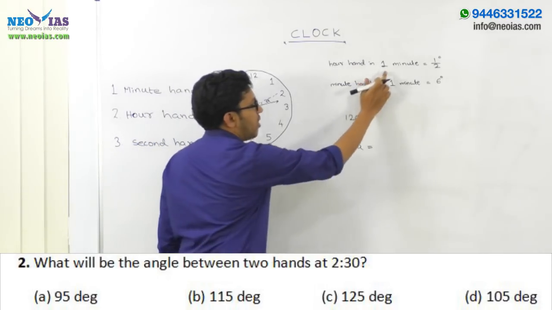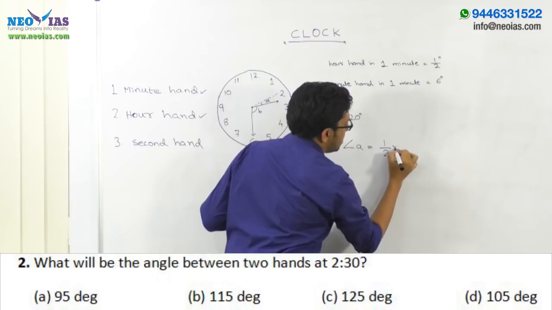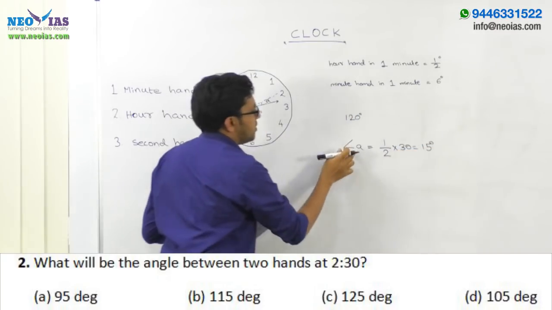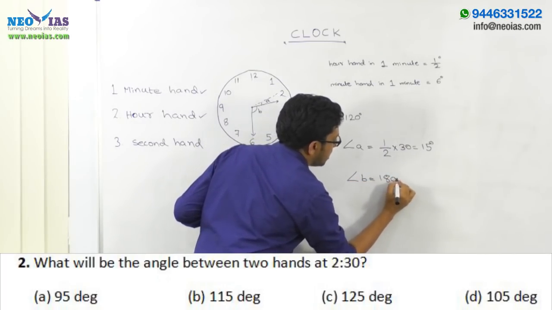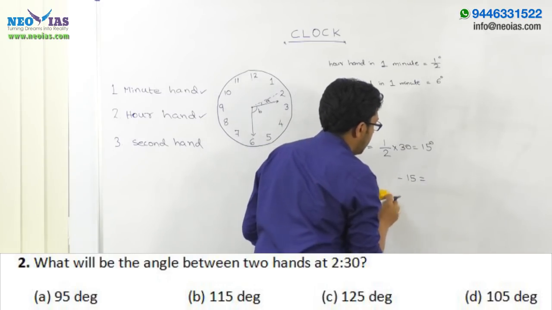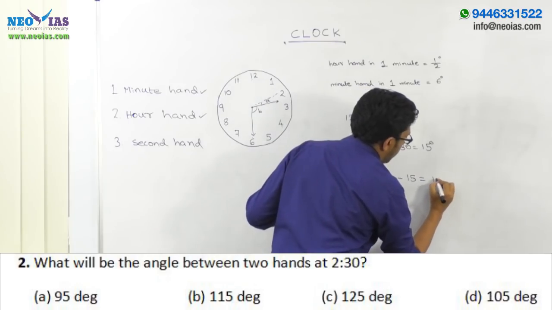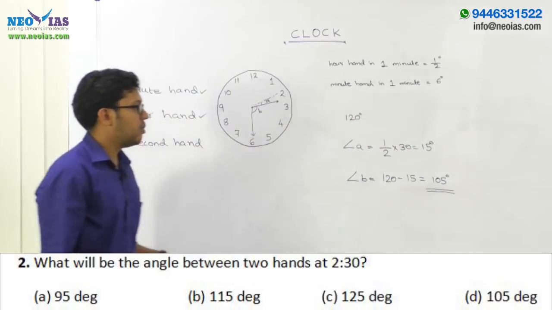Angle swept by the hour hand in 1 minute is half degree, then in 30 minutes it is half into 30 equal to 15 degrees. Thus we got angle A. Angle B will be 120 minus 15 equal to 105 degrees. This will be your answer.